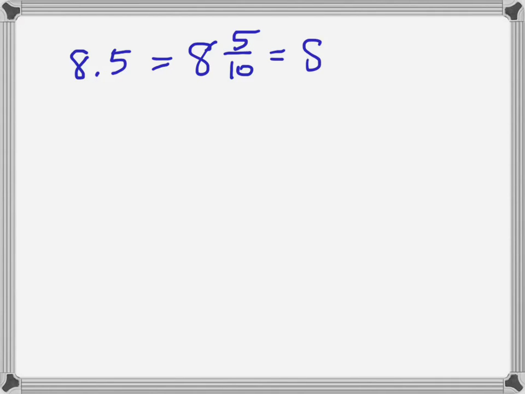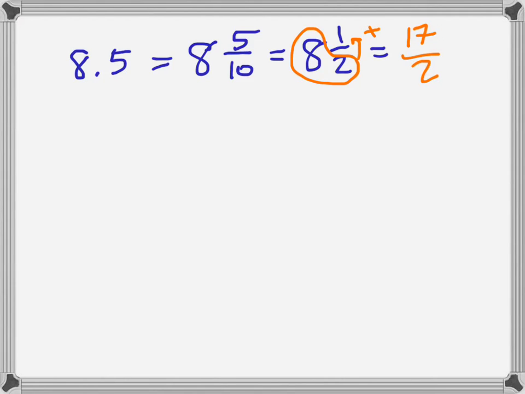I know that that's 8, and the 5/10 can be reduced to 1/2. Right? And then if you remember the steps for changing this to an improper fraction, I would do 8 times 2 is 16, and then I would add in the 1 to get 17, and I would say that this is 17 over 2. Right? I think that's the long way.